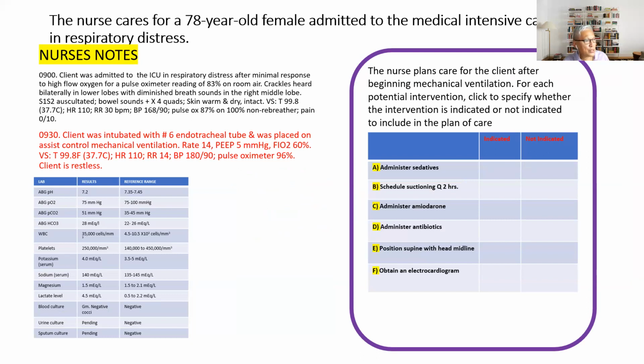So the nurse plans care for the client after beginning mechanical ventilation. For each potential intervention, click to specify whether the intervention is indicated or not indicated to include in the plan of care. All right. Should we administer sedatives?